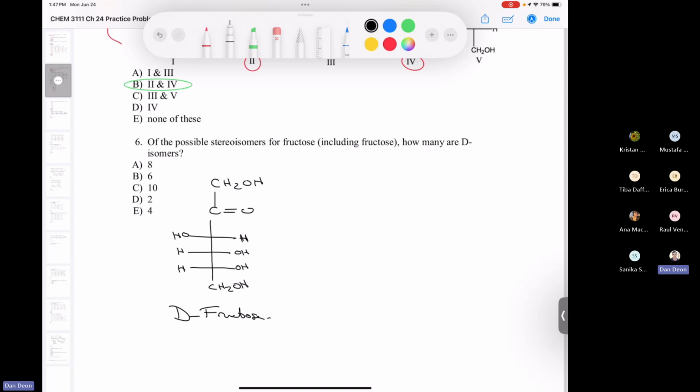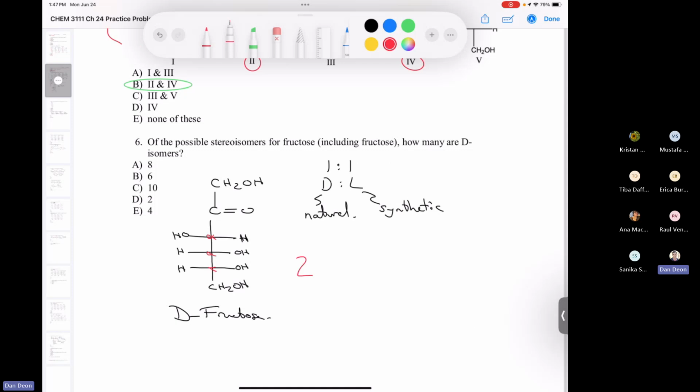Well, we know that when we have a family of sugars, it's going to be a ratio of 1 to 1 for D and L, right? D are naturally occurring sugars, and L are synthetic sugars. Okay, and so we're mostly interested in the naturally occurring sugars. And so if we count the number of stereocenters, we have 1, 2, 3 stereocenters.